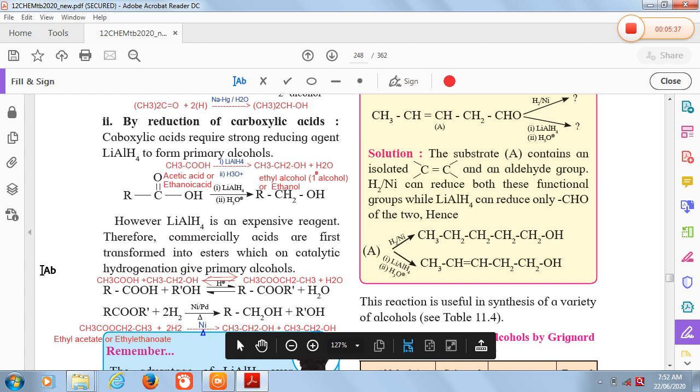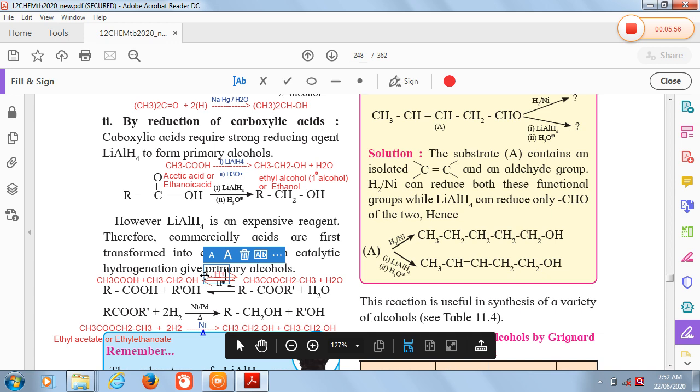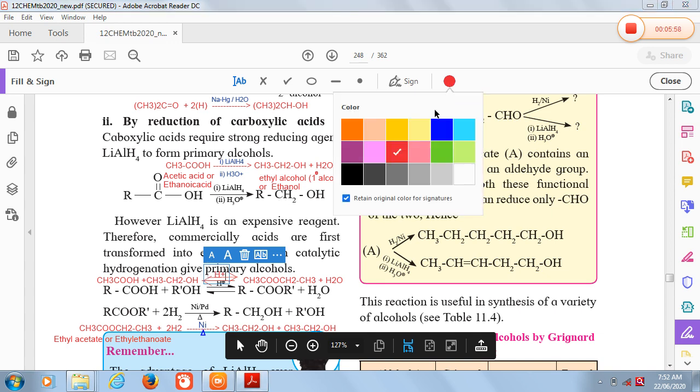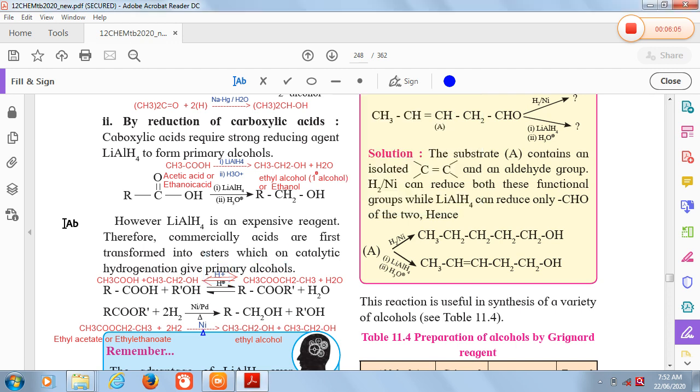So you have to add H+ to the reaction, means use concentrated acid like H2SO4.